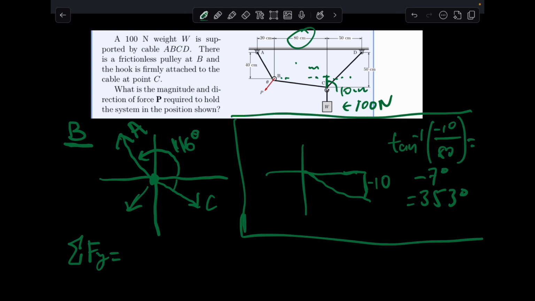Basically starting from here, it's going to be 90 degrees, 180 degrees, 270 degrees, and 353 degrees right here. Do you guys see? So this 353 is this from here.